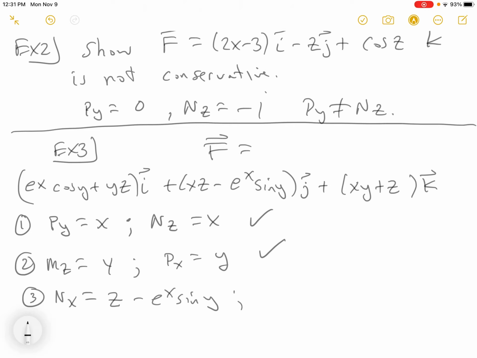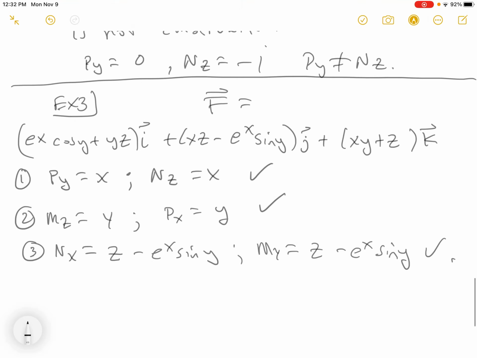And now My equals z minus e to the x sine y. Check. Okay. Whew. On this sheet, I have 3 examples, and I keep looking at the wrong one and writing down the wrong thing. So there we go. I should have just done the problem straight by itself, right off the computer. So this tells me that F is conservative.